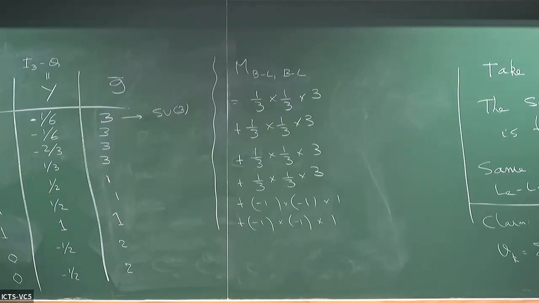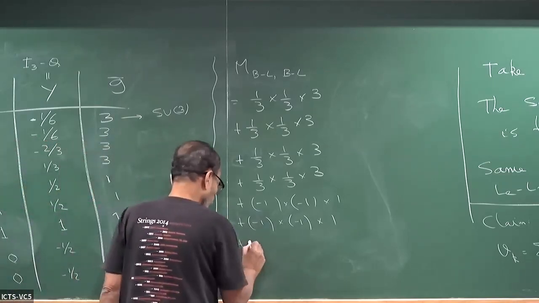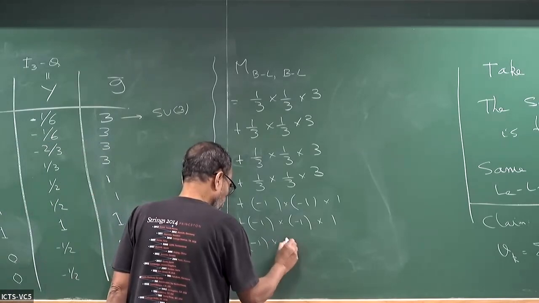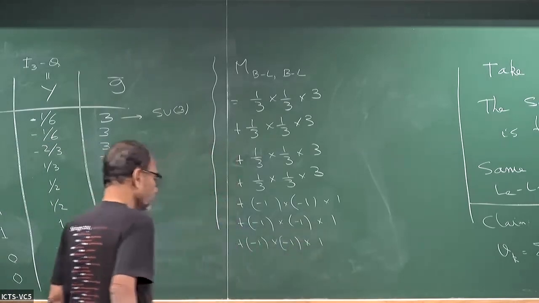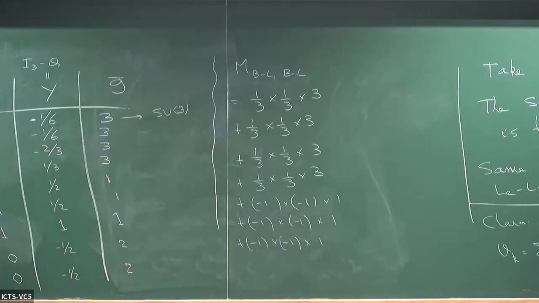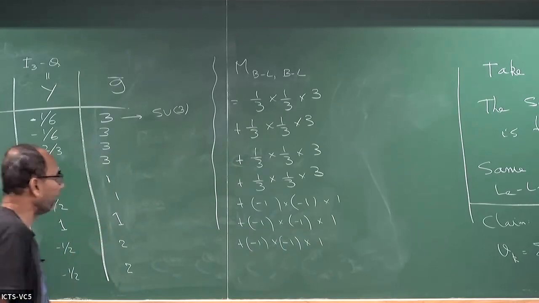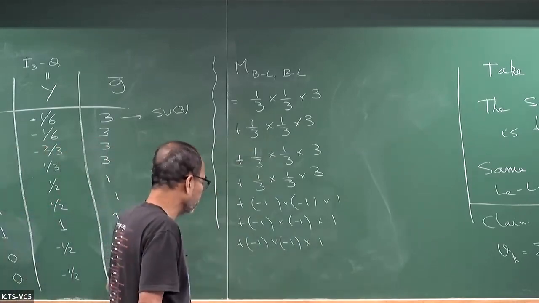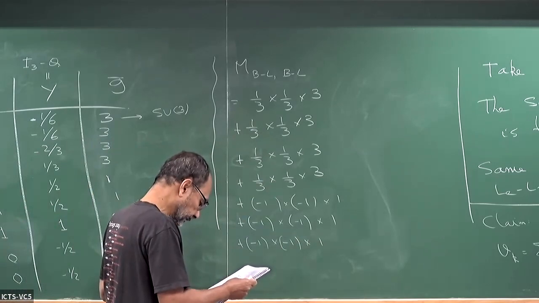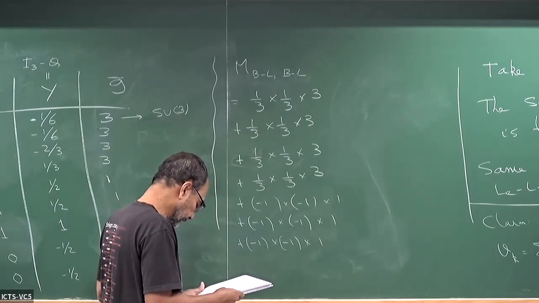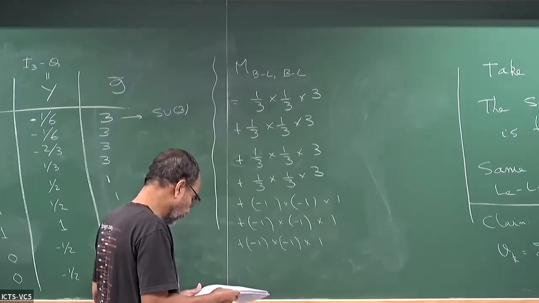ER is the same. And these don't contribute because they have 0 B minus L. So when you add them up, I have got here, sorry, not 12.